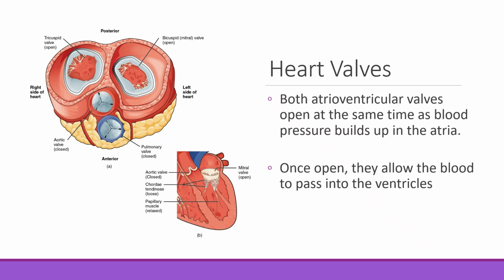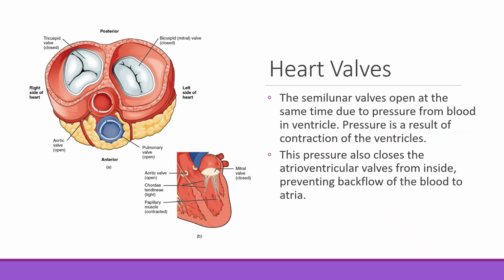Both our AV valves open at the same time as the blood pressure builds up in the atria. That's what opens them, not the chordae tendineae. As the atria fill with blood and start to exert pressure on the valves, that causes them to open, and once they are open, they allow the blood to pass into the ventricles.